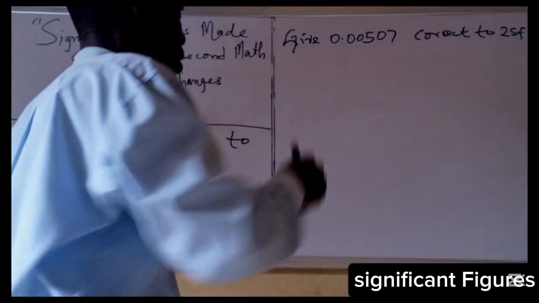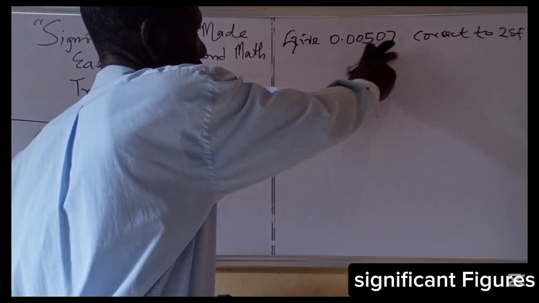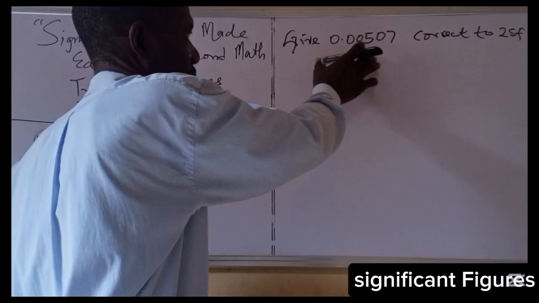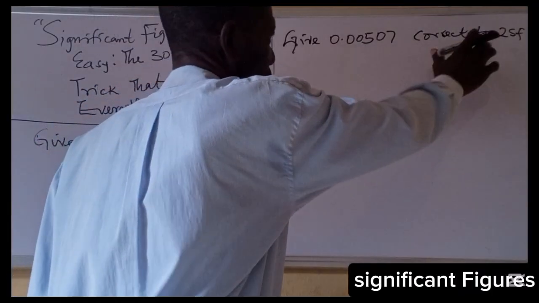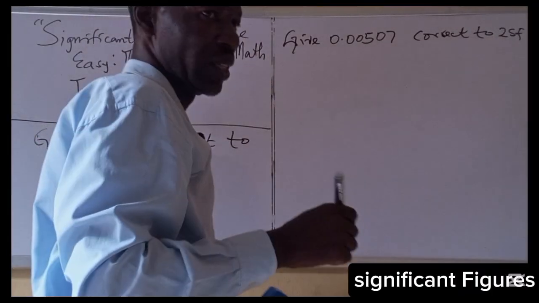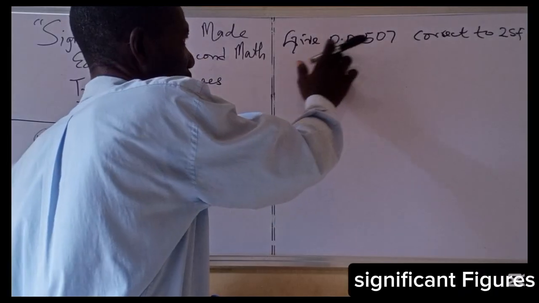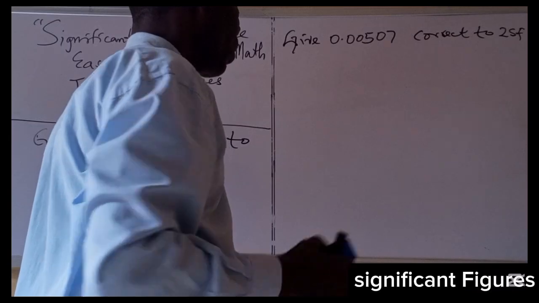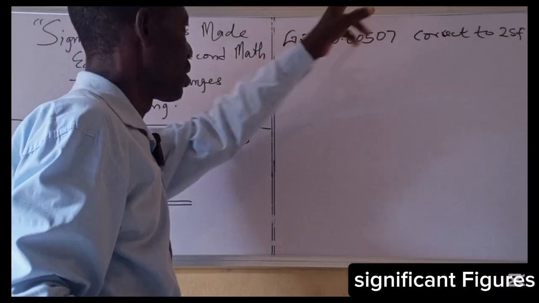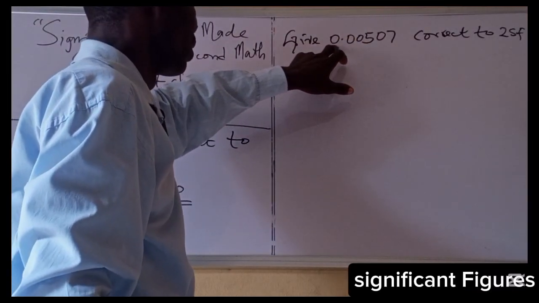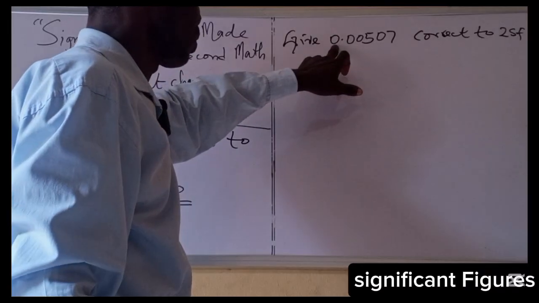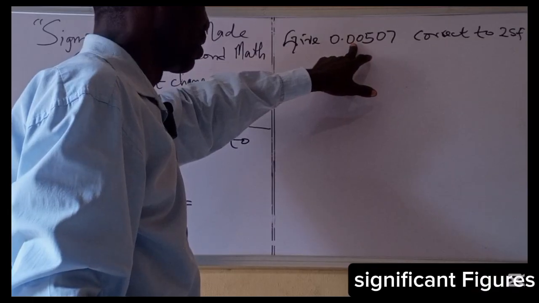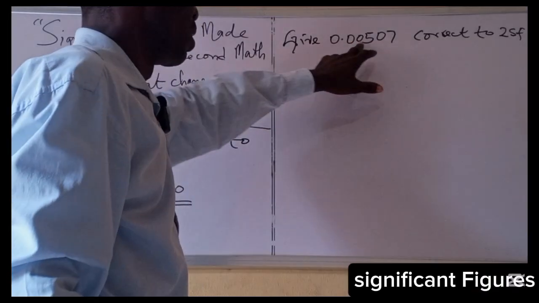What this implies is that you approximate this. This is a decimal number. So we are told to correct to two significant figures. What that implies is that you need to approximate this to two significant figures. I told you earlier that this is unit, this is tenth, and this is hundredth.